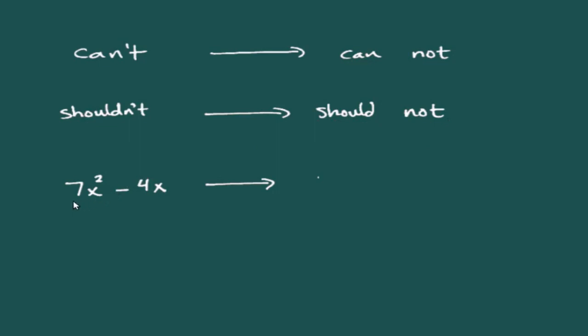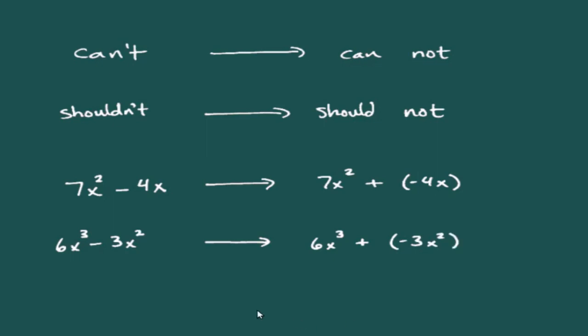And so when I see something like 7x squared minus 4x, I know I'm putting everything together with addition, and so that's really just an abbreviation for 7x squared plus a negative 4x. And likewise, if I've got 6x cubed minus 3x squared, it's not really the operation of subtraction. I'm using that as an abbreviation for 6x cubed plus a negative 3x squared.